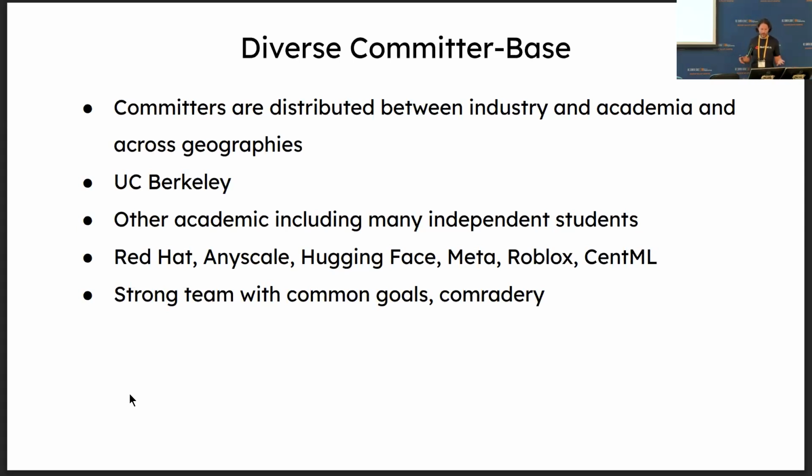But the other key ones that have committers are Anyscale, Hugging Face, Meta, who are getting more and more involved now, Roblox, Snowflake, and there's a long tail of other committers. And we work almost like a team that spans these organizations on a daily basis. We're all focused on the same goal of making vLLM succeed as the inference server that everyone uses.